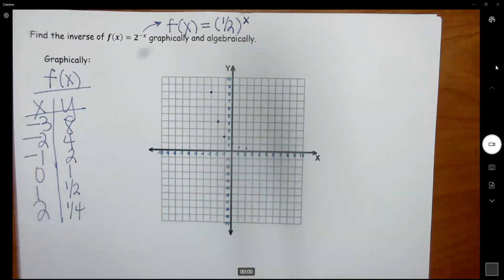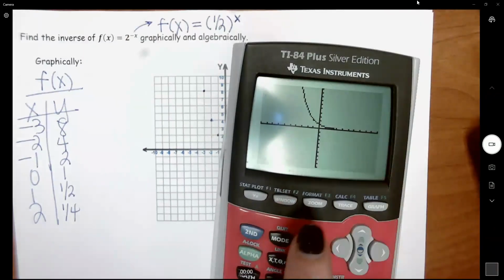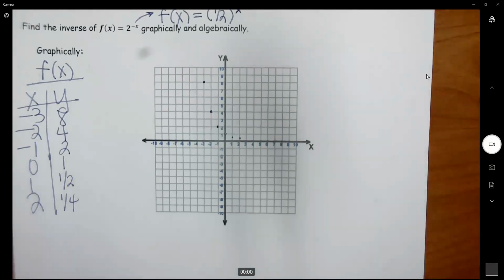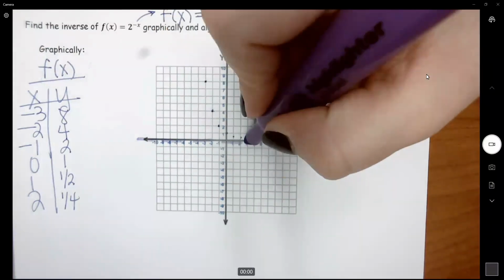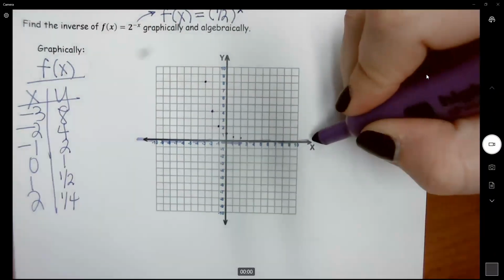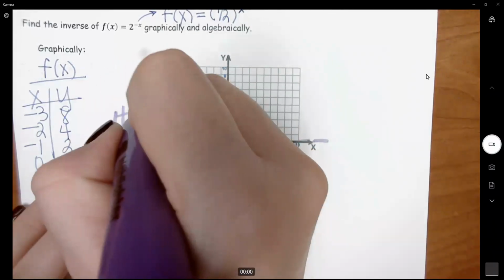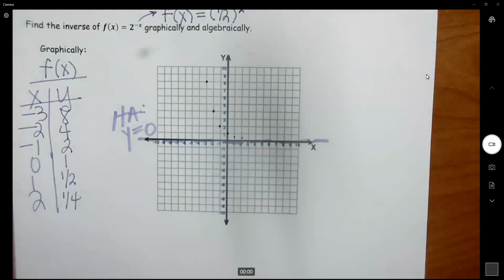Okay, and so then this does now look like my graph. And let's remember, before we connect these lines, that I have a horizontal asymptote at y equals 0.